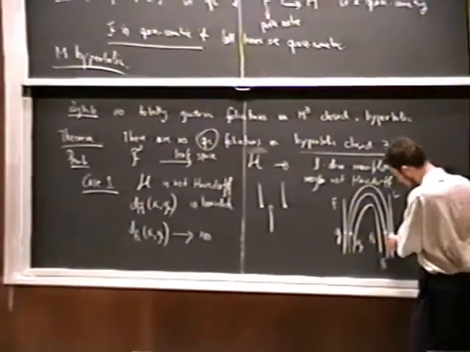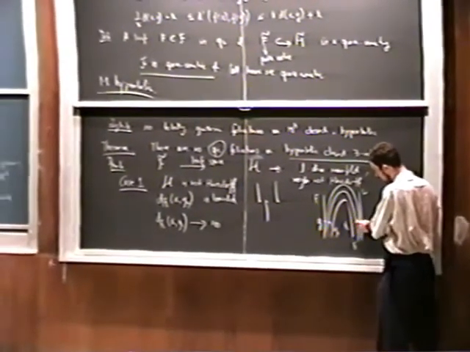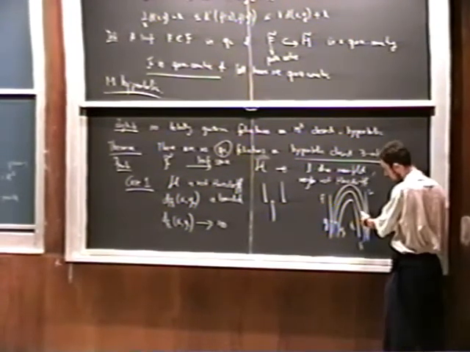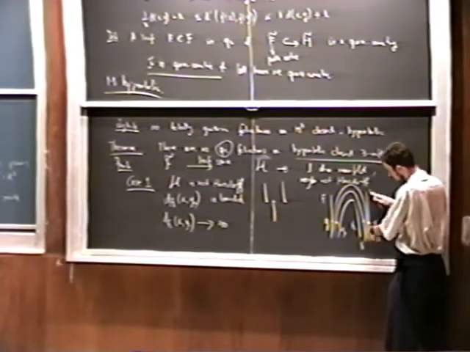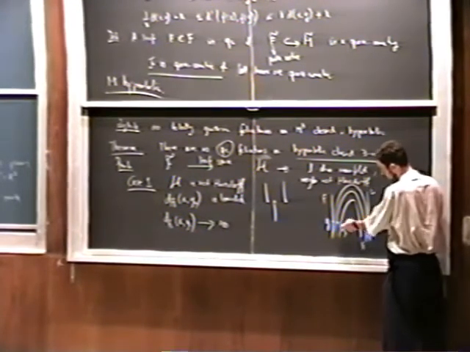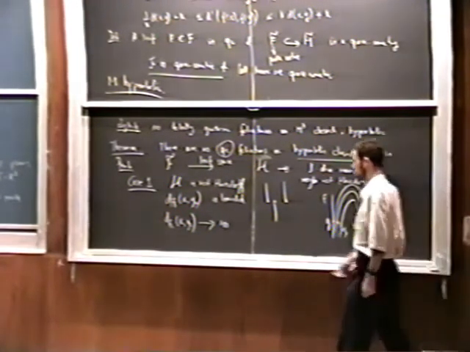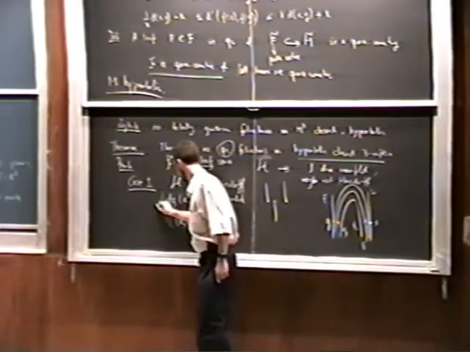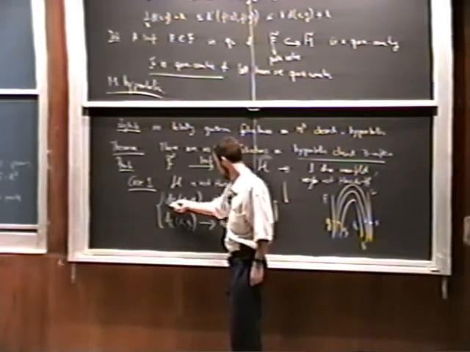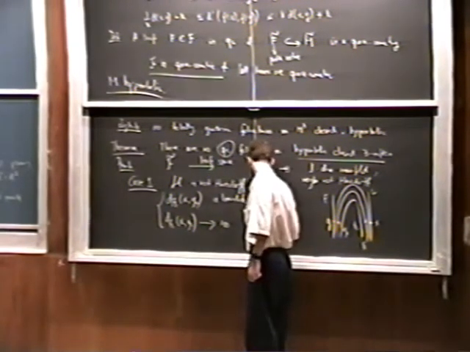Because if not, if there's a subsequence where it's bounded, then the disks of that radius around the X_i's are going to converge to a disk on this limit leaf, and we're going to get that Y is in this limit leaf, so they would be in the same leaf. So we have this property here, and therefore there's no way that this is going to be less than a constant multiple of this distance here. So this is not quasi-isometric.